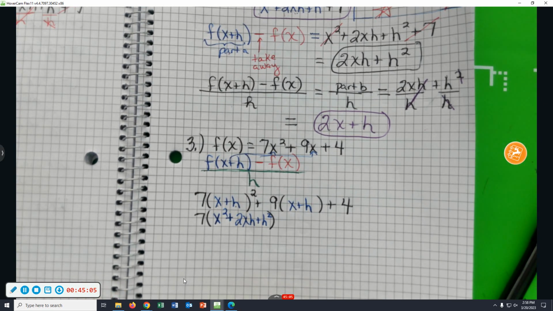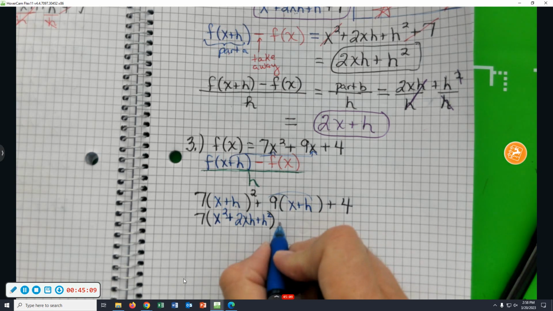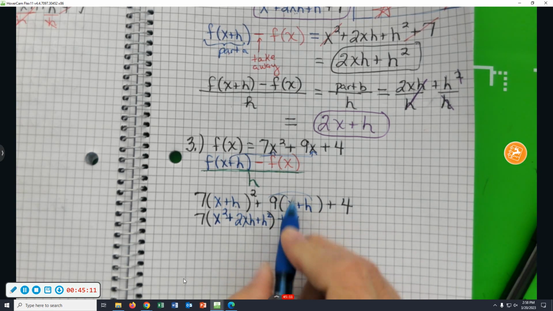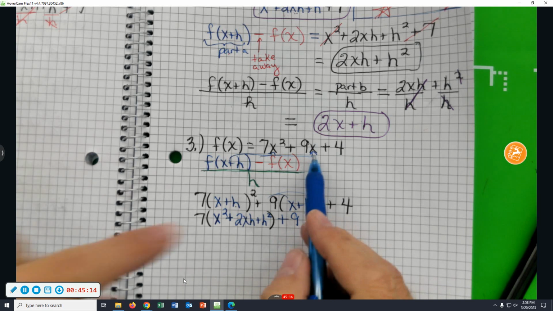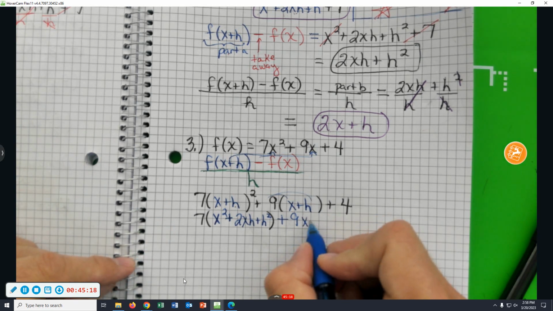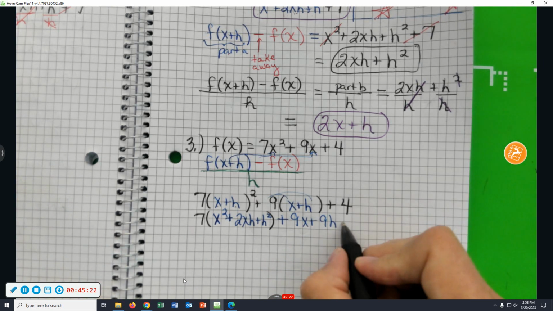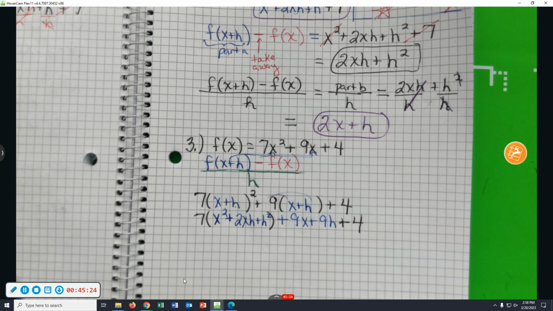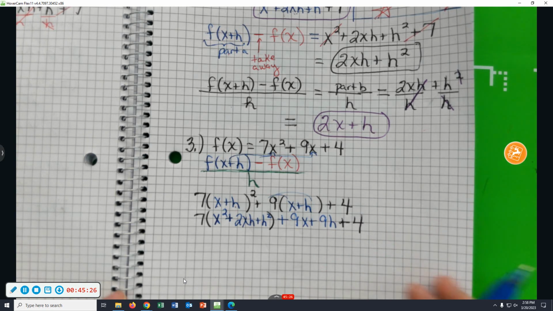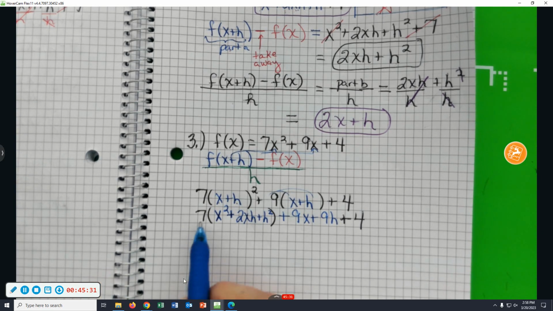Now, I would just distribute the 9. Notice the x plus h isn't being squared here. It's just 9x. Is it clear why I'm not squaring that? And we still have the plus 4 here. I'll just carry down. Still one more thing I need to do here. Distribute the 7.